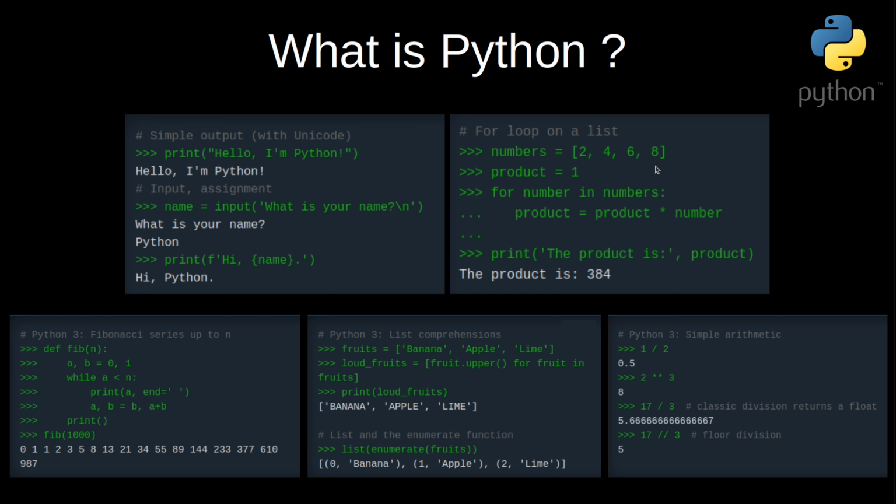And at the last iteration, for the number 8, we have the product being assigned to 48 times 8, which is 384.